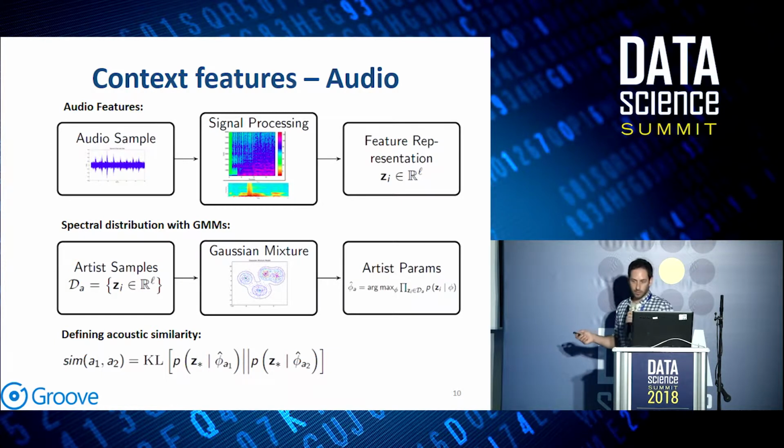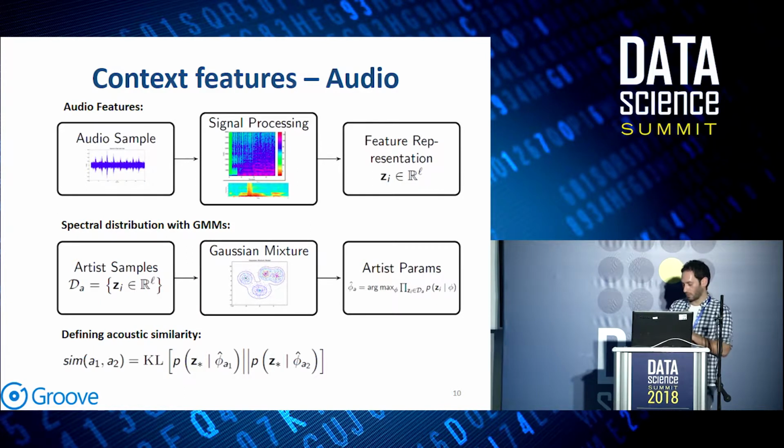This is probably the more complicated feature that we use, and I'm not going to go into too much detail here because we don't have time, but I will throw around some buzzwords and you can look it up in the paper later. What we do here is we take the waveform, we compute the spectrogram, then we compute something that's called a scattering transform, which is basically a more advanced wavelet transform. Then on this representation, we sample windows from different tracks of this artist, and we compute the Gaussian mixture model on that artist space.